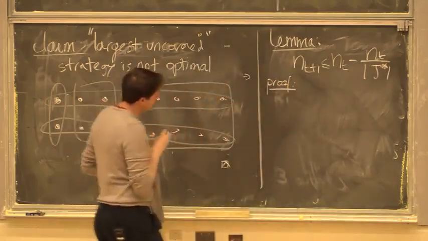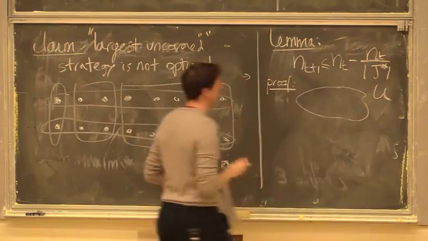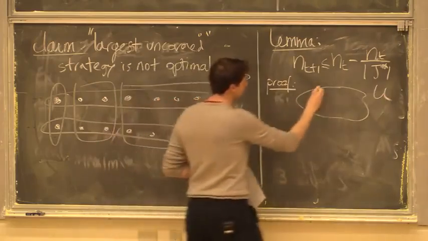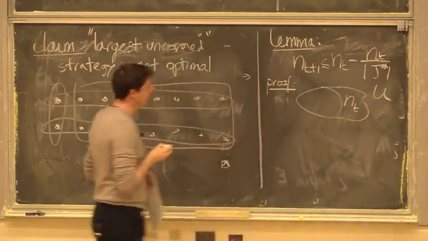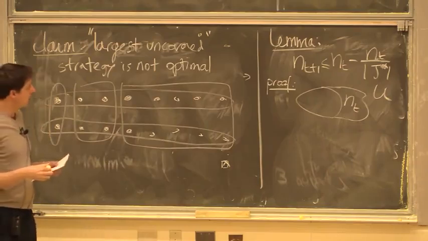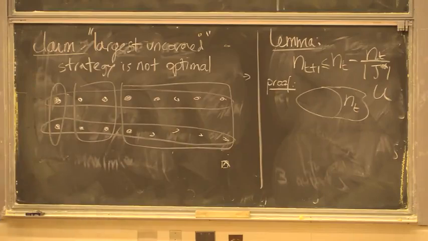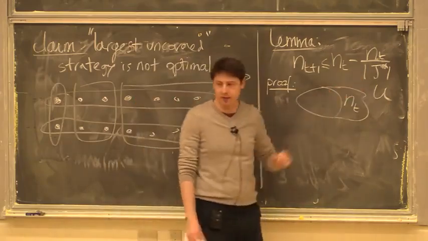All right, so let's see what's happening. We have our U. Some things have been covered, but now we have this lonely n_t out there. We have to pick some set that has not been chosen yet to cover some of them. We'll cover at least one, but we want to say we cover a whole lot of them. One way to say that is to refer back to J star.